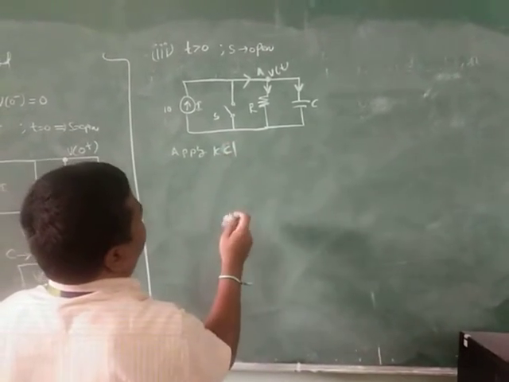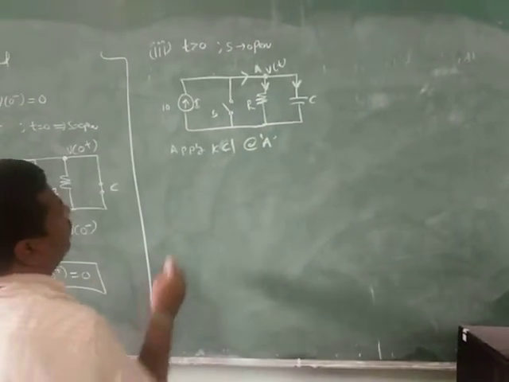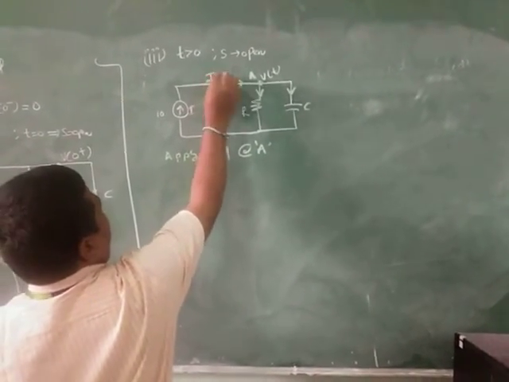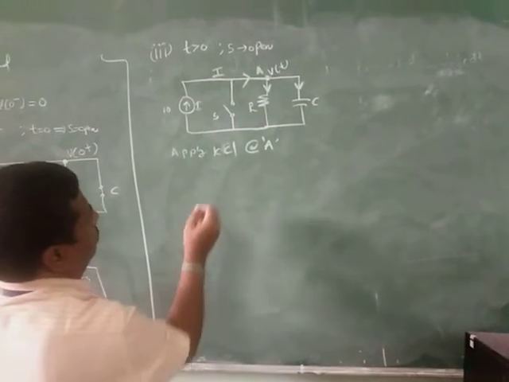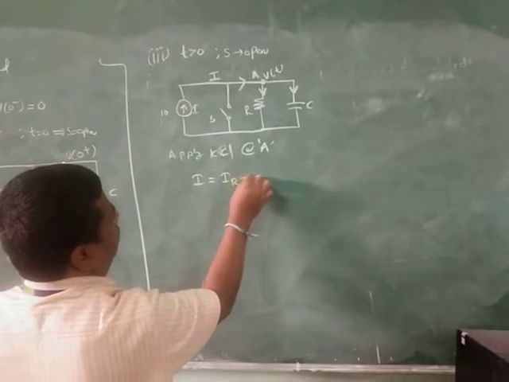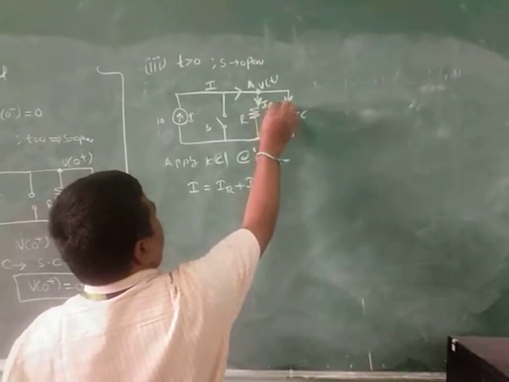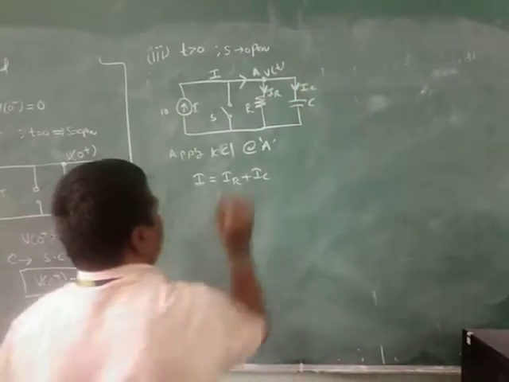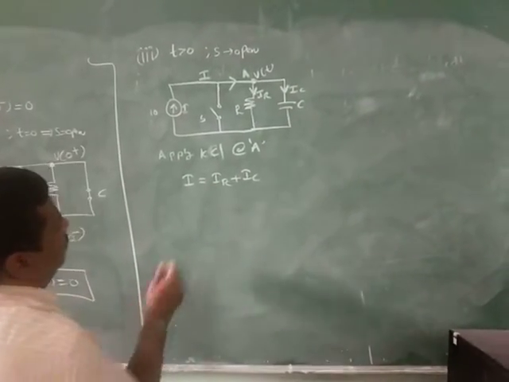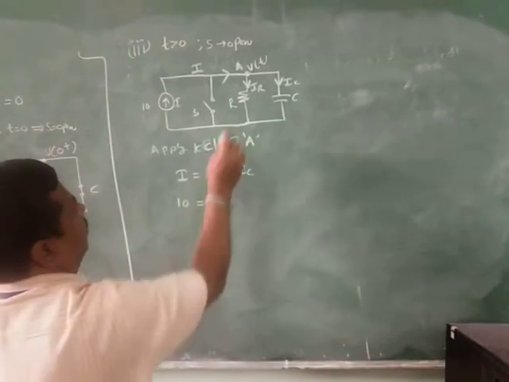Apply Kirchhoff's current law, KCL, at node A. So this is the incoming current I, which is divided into IR plus IC. This one is IR and this one is IC. So I is equal to 10 amperes, 10 is equal to IR plus IC.